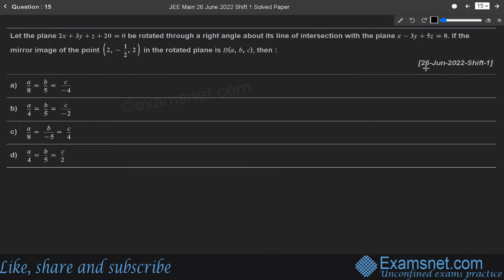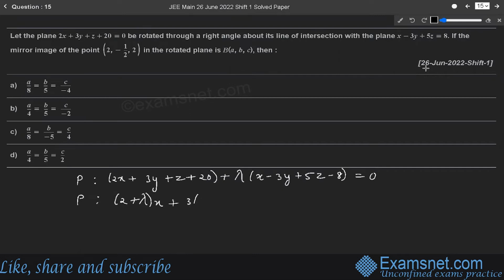So considering the equation of plane P: 2x + 3y + z + 20 + λ(x - 3y + 5z - 8) = 0. Again, P: (2 + λ)x + (3 - 3λ)y + (1 + 5λ)z + 20 - 8λ = 0.